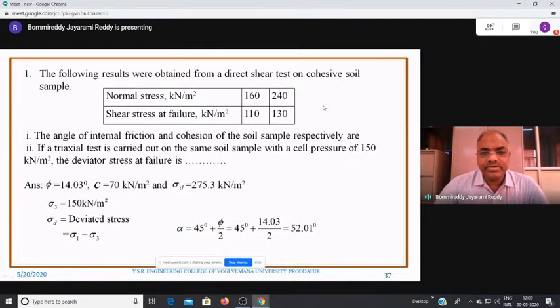These are the normal stress and shear stress at failure. What are the angle of internal friction and the cohesion of the soil sample, respectively? That is the question to be answered here.